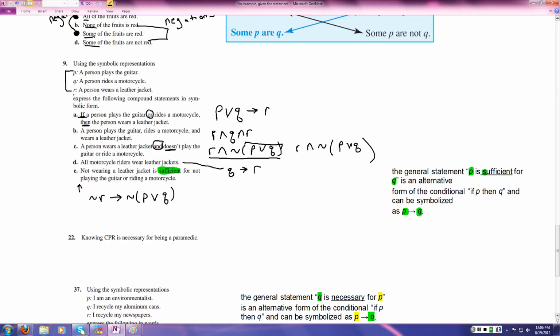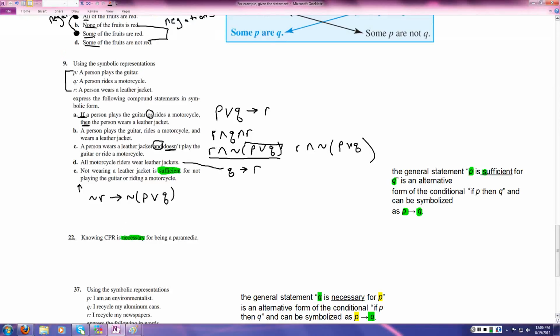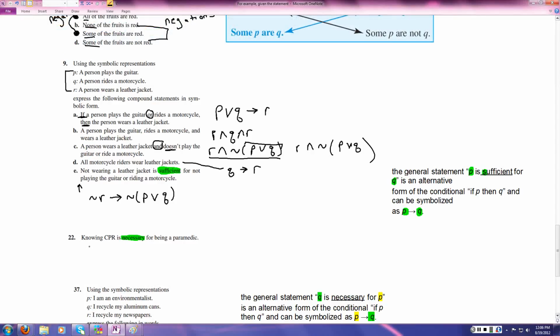Necessary, on the other hand, tells me that the order is going to be reversed. So I'm going to have to make up my own symbols here. Let's say R is knowing CPR. The pen doesn't want to work with me. Knowing CPR.